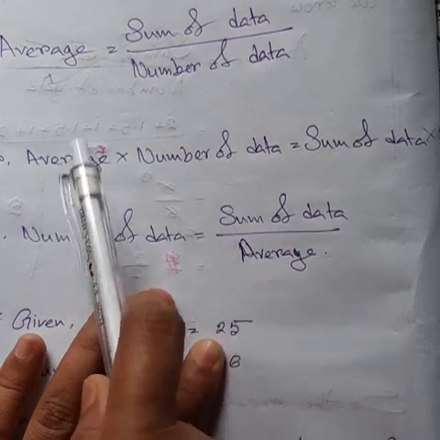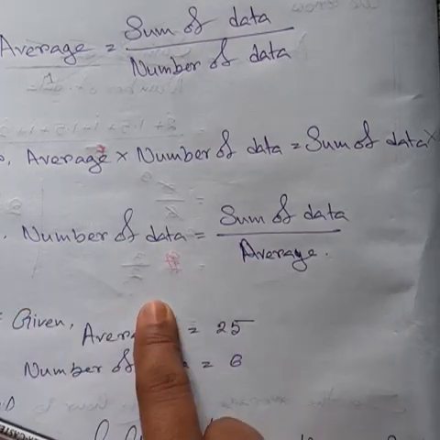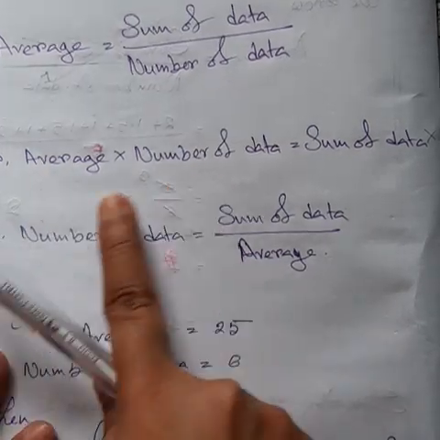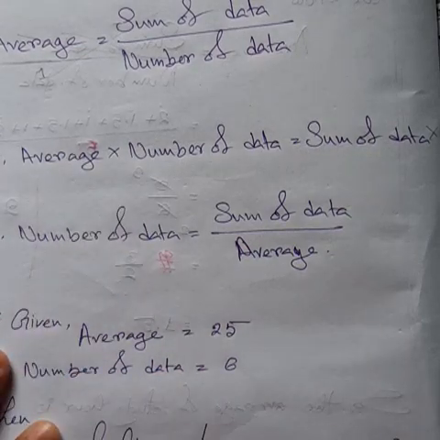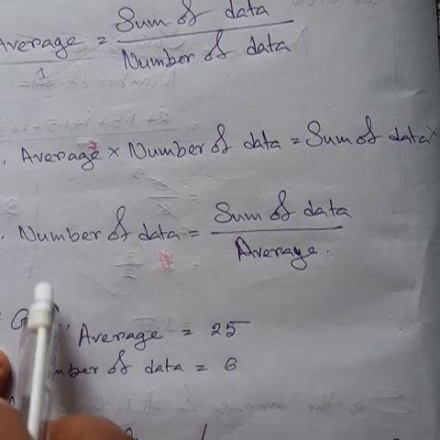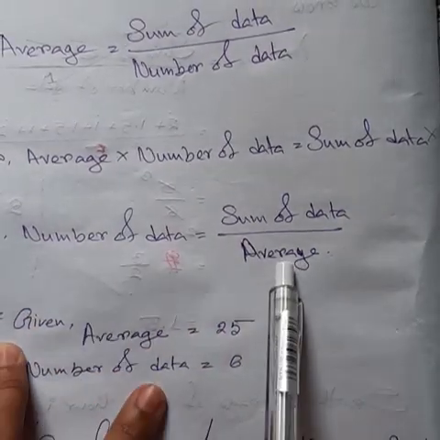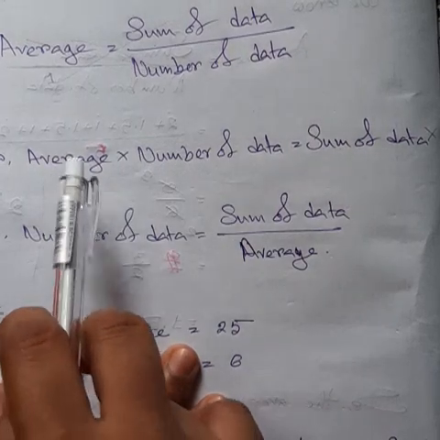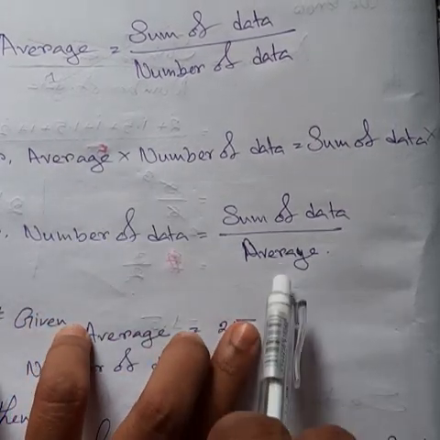If we change the side of the number of data or average, it will come as a division position, correct? There is a multiplication condition, this is why it will come as a division condition. So I am taking average out, so it will be sum of data divided by average.